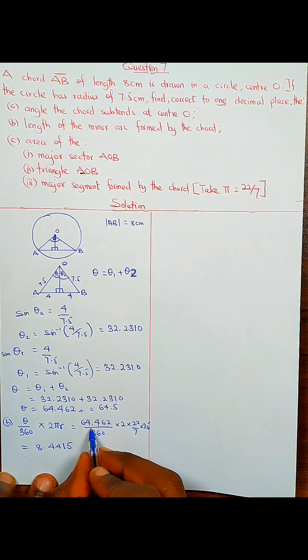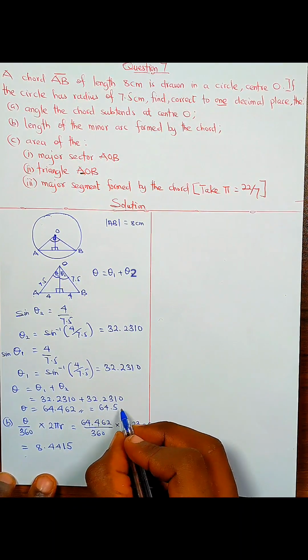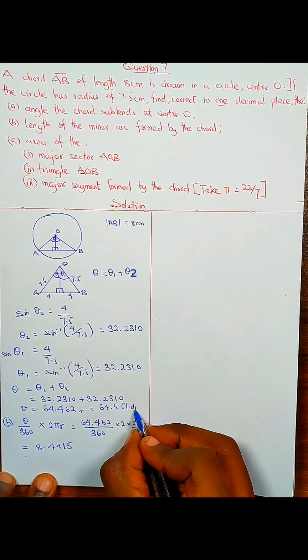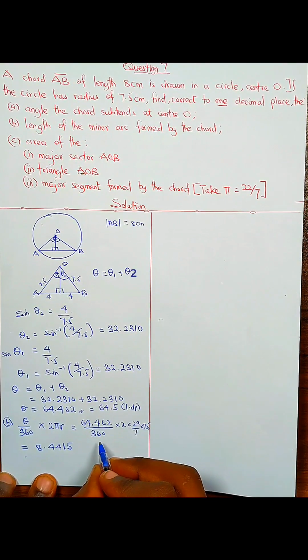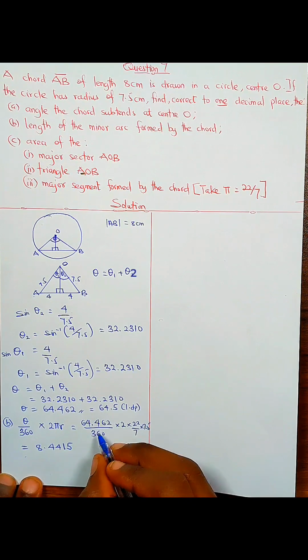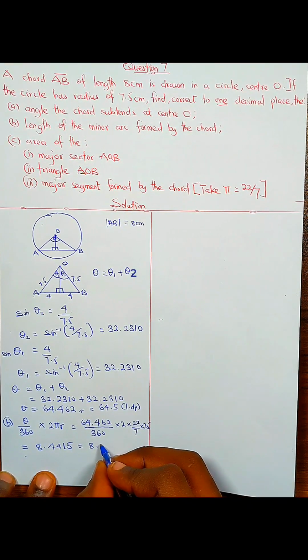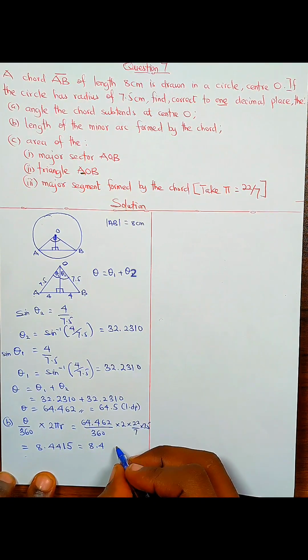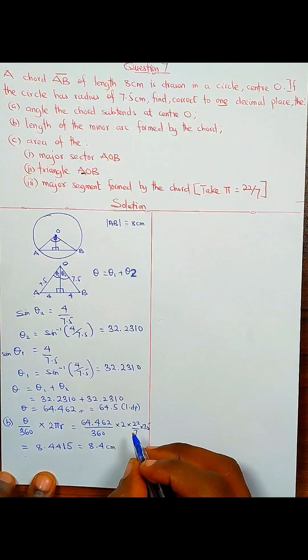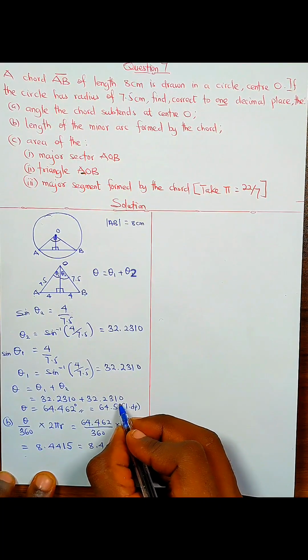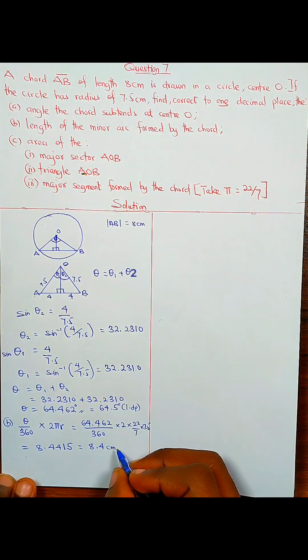But I'm going to still use the longer value to make my solution more accurate. So taking this also to 1 decimal place becomes 8.4. And it's in centimeters. This is an angle, and this is in centimeters.